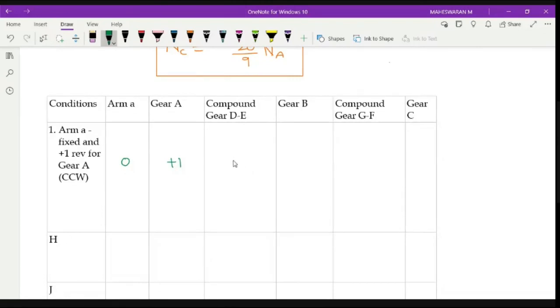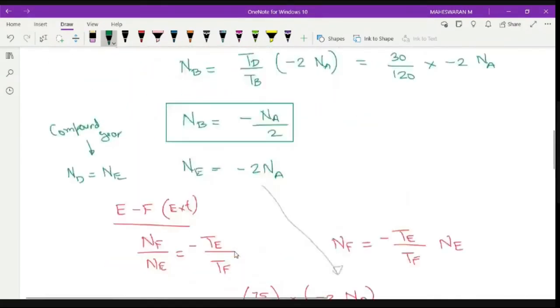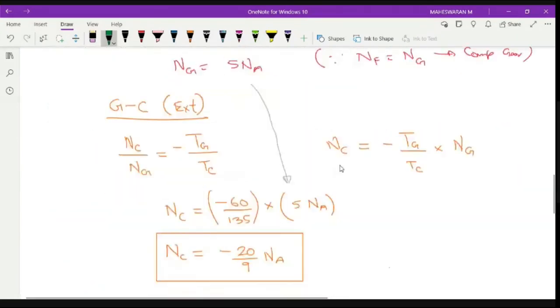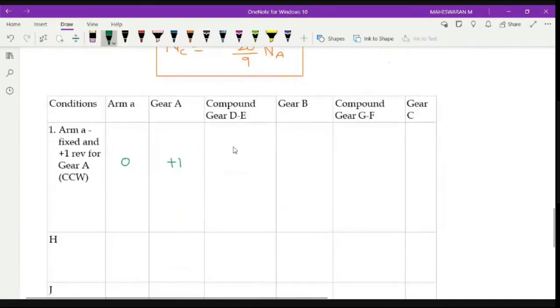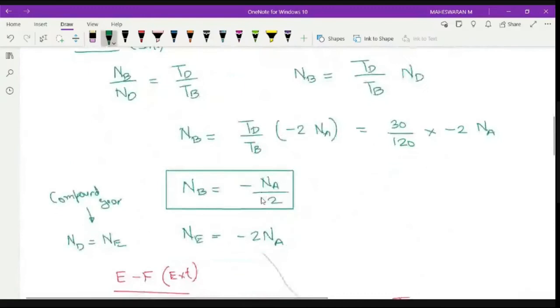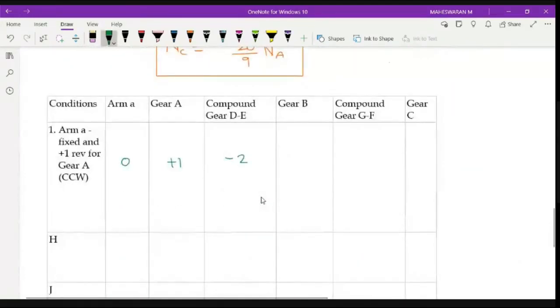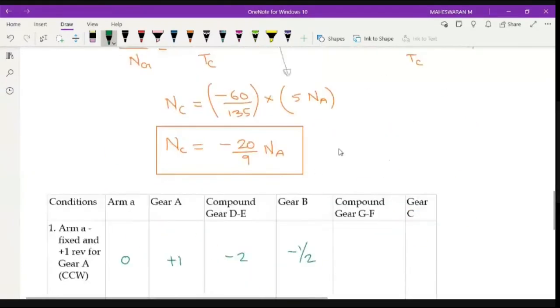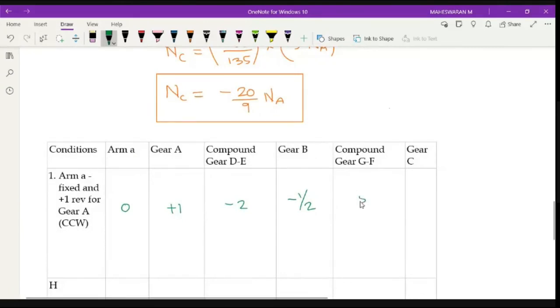What is D? ND in terms of A, we identified, is minus 2 NA. Minus 2 NA, which is minus 2, because NA is 1, multiplying with 1. For gear B, minus 1 by 2 NA, so it is minus 1 by 2. Gear G and F is 5. And last NC is minus 20 by 9.